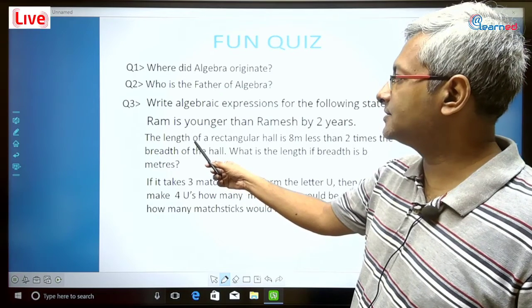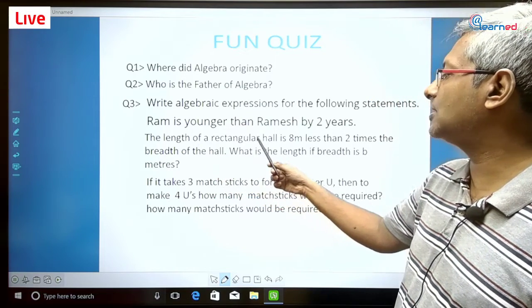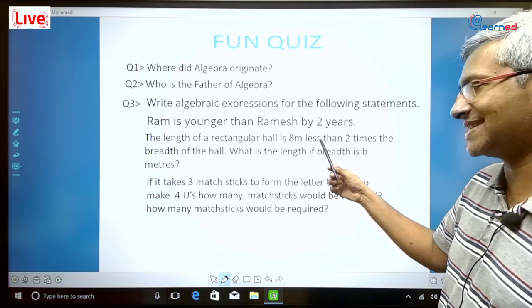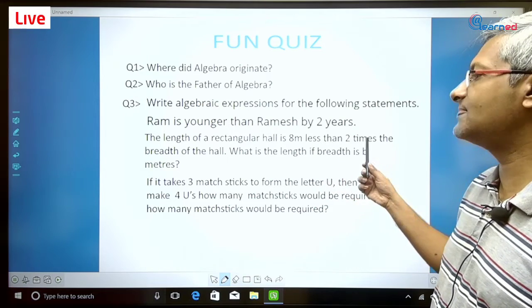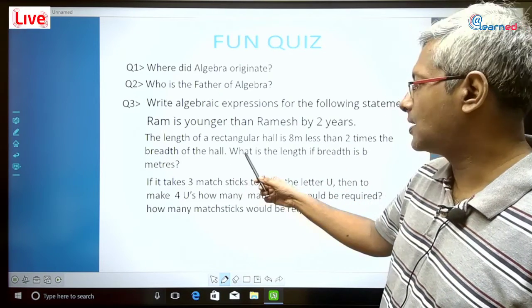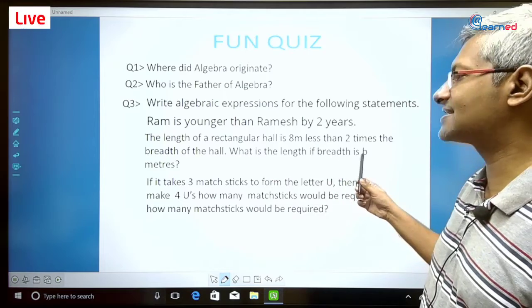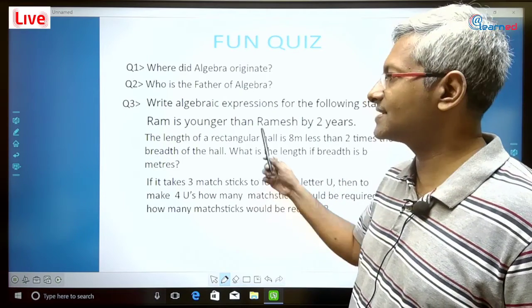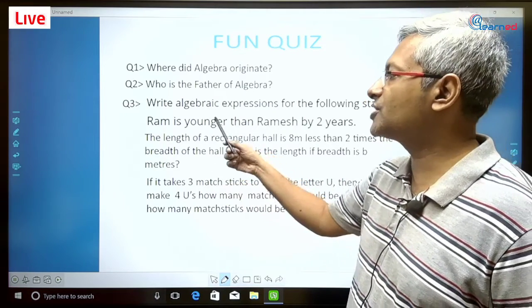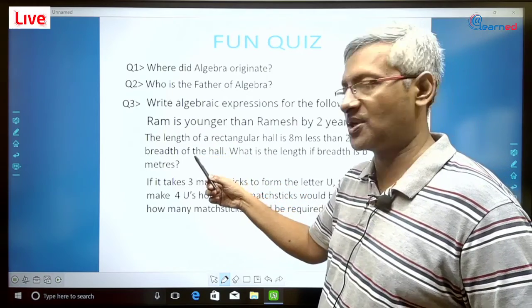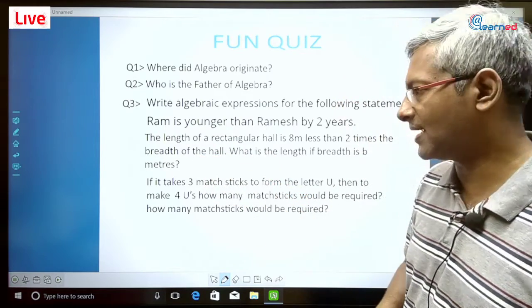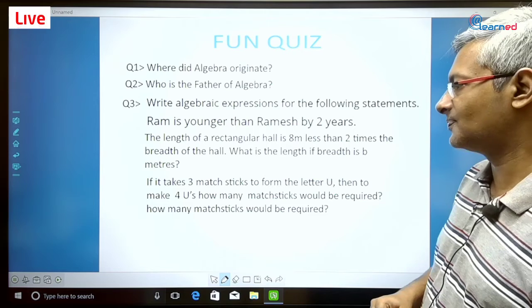This is another type, where the length of a rectangular hall is 8 meters less than 2 times the breadth of the hall. What is the length if breadth is b meters? This is another statement which you have to put into the form of an expression. Think over it. I'm sure you'll get it.